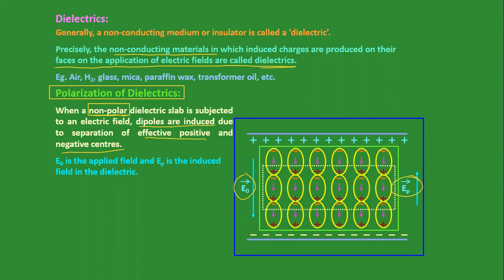E0 is the applied field, EP is the induced field due to these dipoles. So the resultant electric field is E0 minus EP, because the resultant electric field is the vector addition of these two, and these two have opposite direction. So E0 minus EP is the resultant electric field.